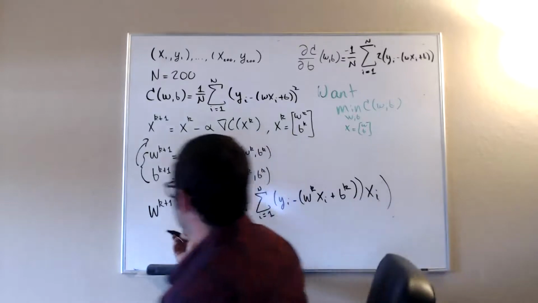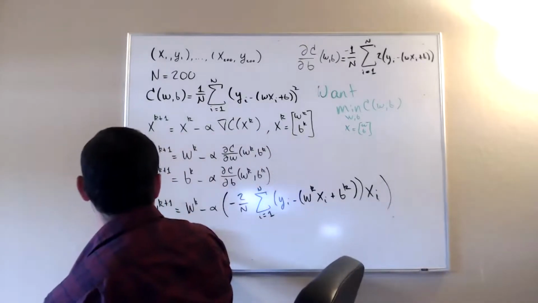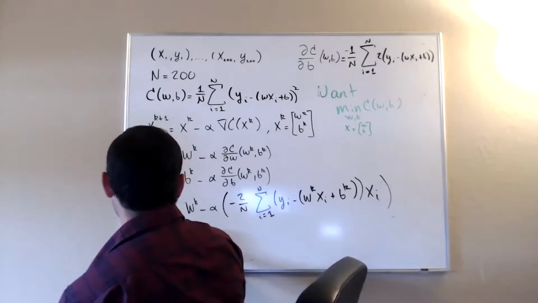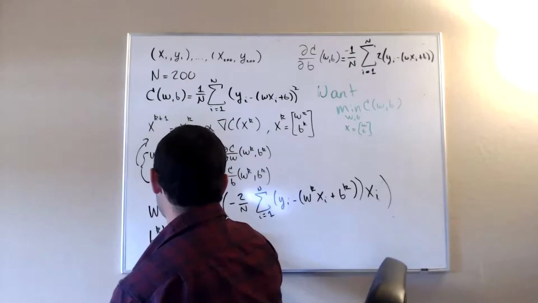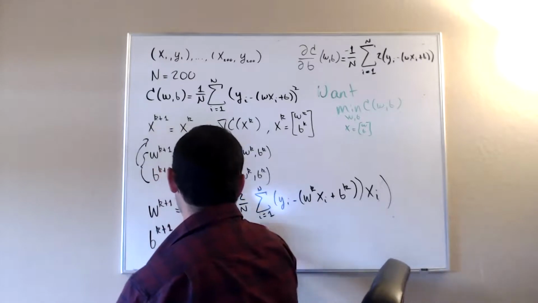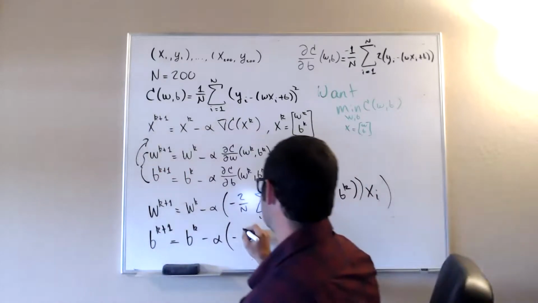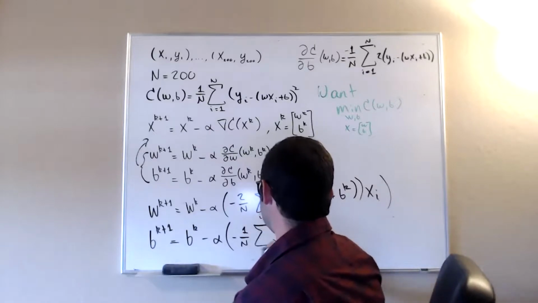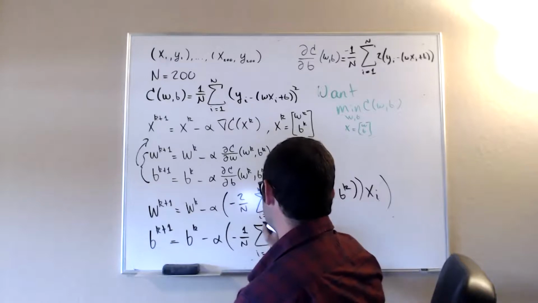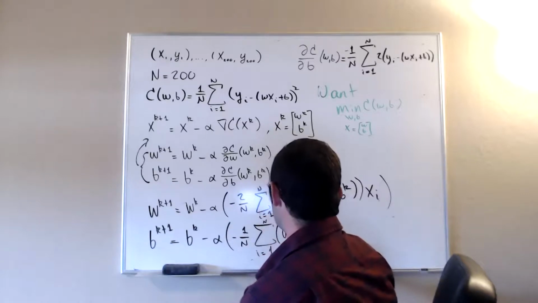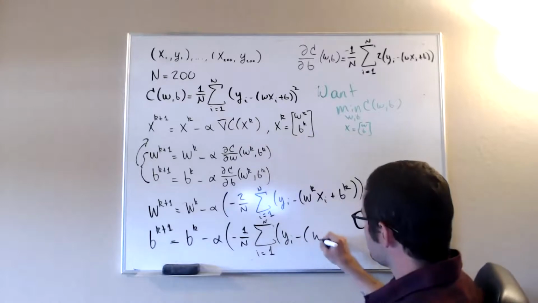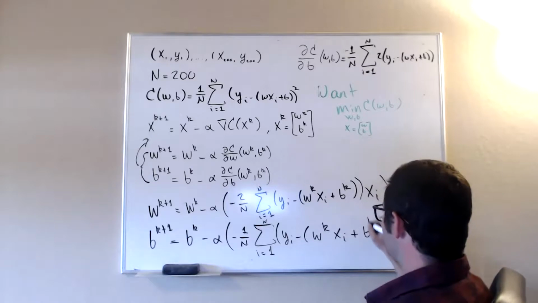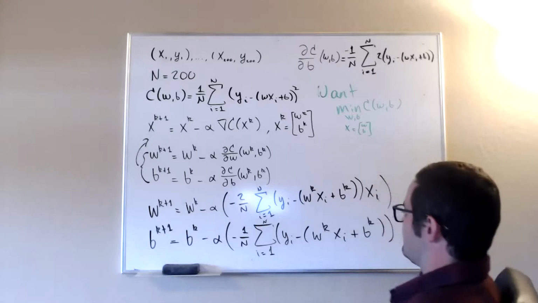And then your bias, or your intercept, b_(k+1) is going to be equal to b_k minus alpha times that thing up there, -1 over n times the sum, i equals 1 to n, of yi minus your kth w times xi plus your kth b.